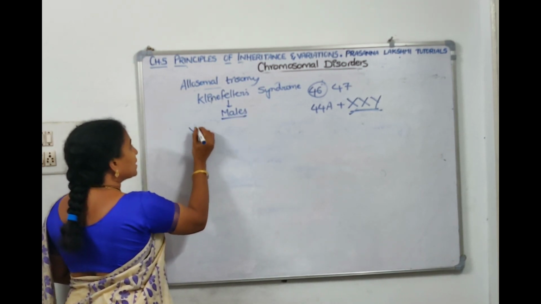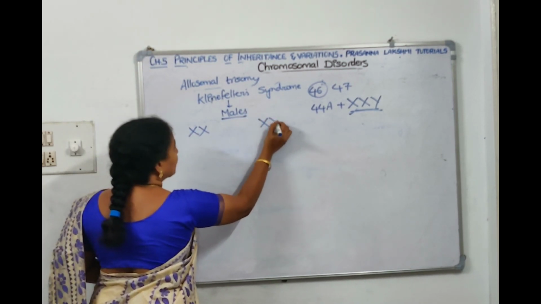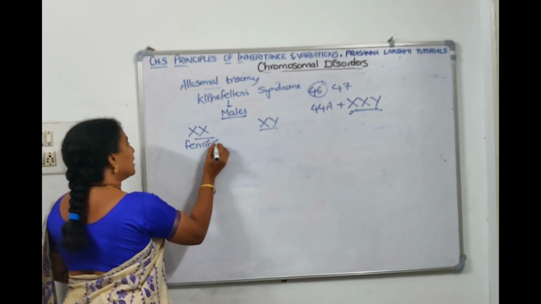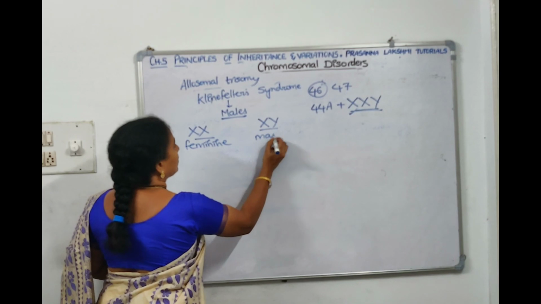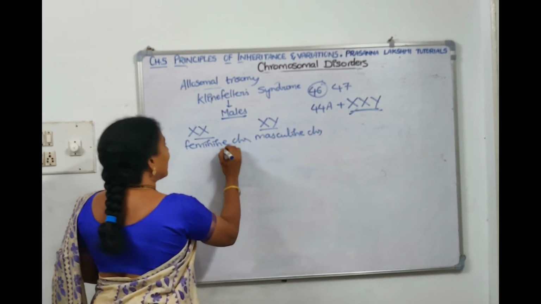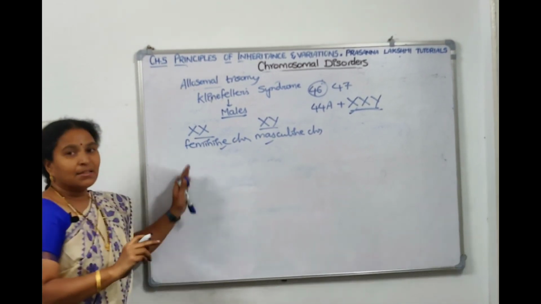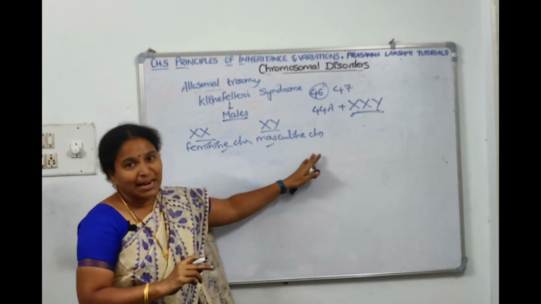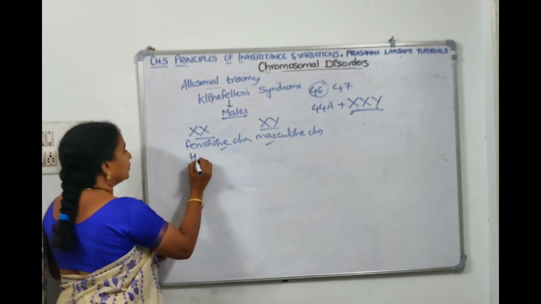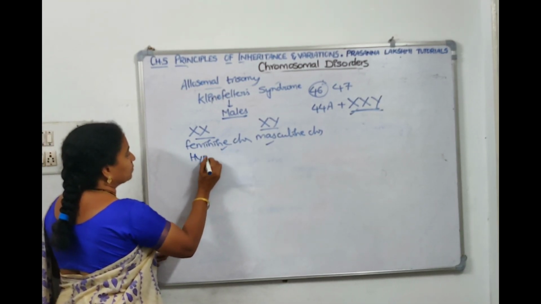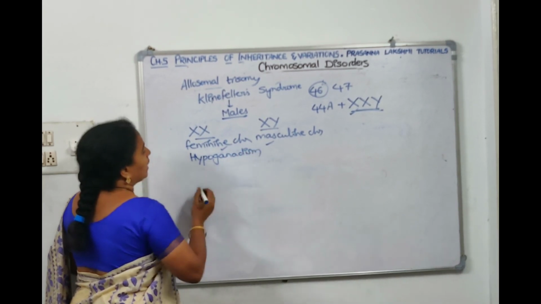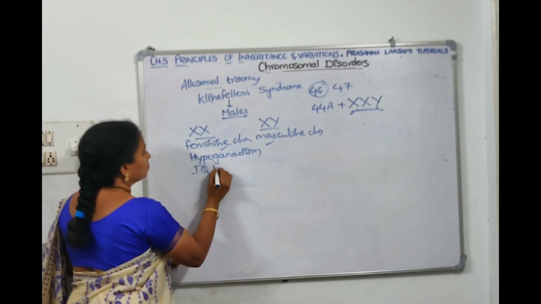Since they have X and X conditions, they have feminine characters, since they have X and Y conditions, they have masculine characters. Since they have both the characters, neither this will develop completely nor that will develop completely. That means again hypogonadism. Then IQ will be low.